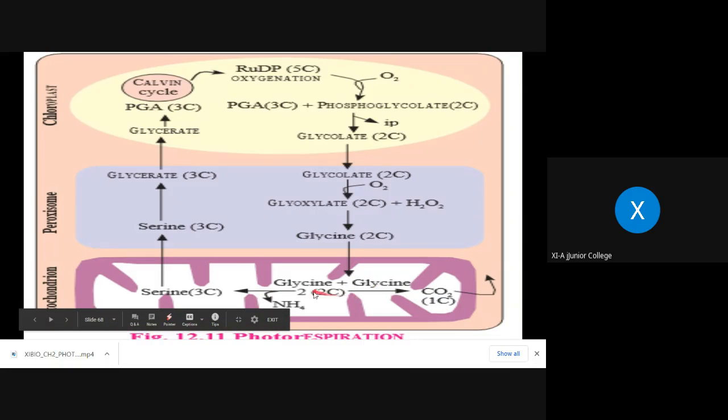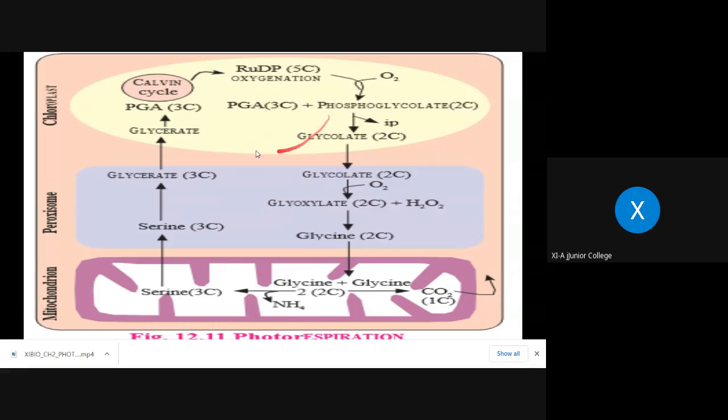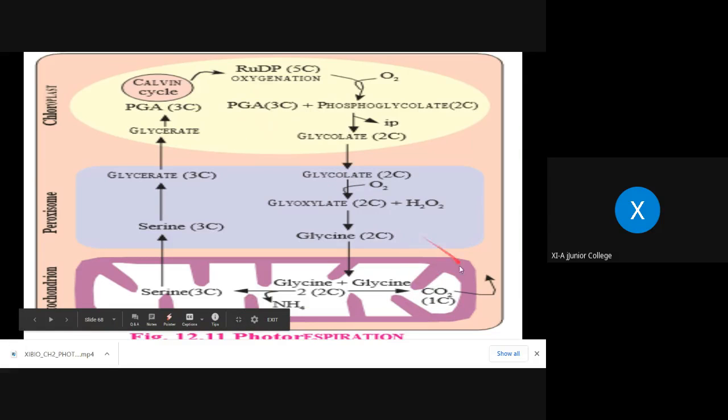With the release of CO2, here is the actual loss of CO2. That CO2 is released out of the mitochondria. It doesn't remain in the mitochondria, it is lost. So obviously there is a loss in the chloroplast, where the actual process of photosynthesis takes place, isn't it? This is a loss of CO2, and that's why this shows a slow process.